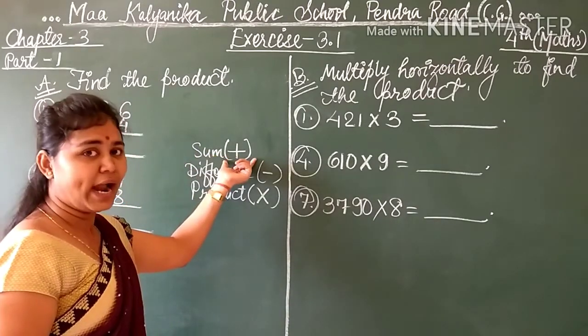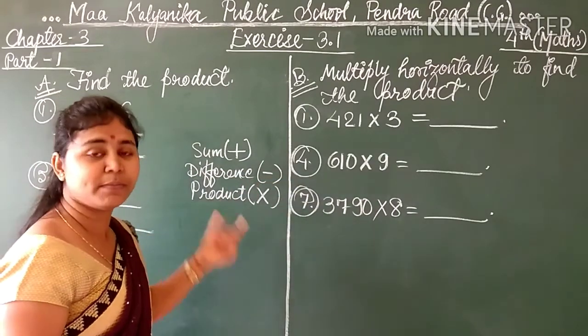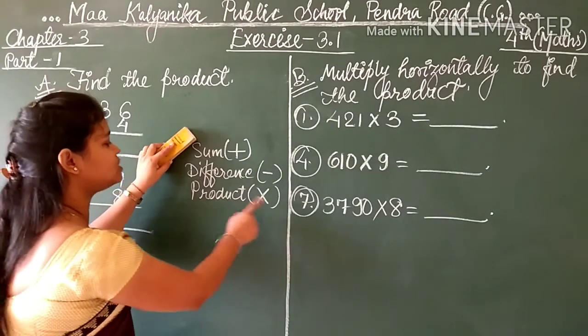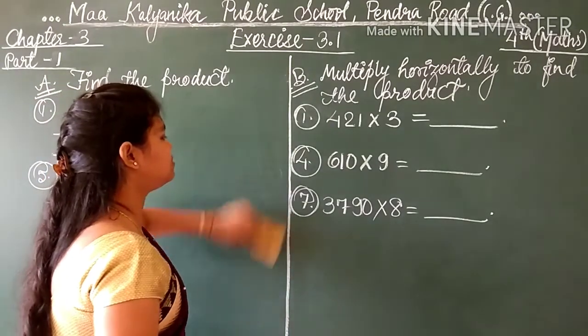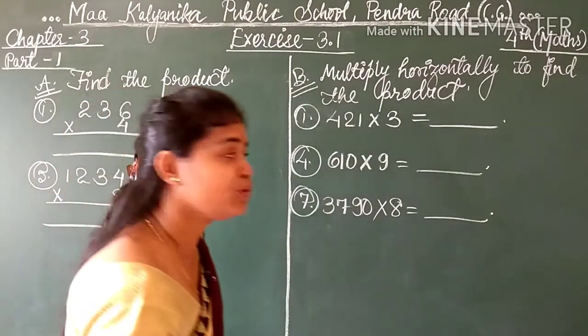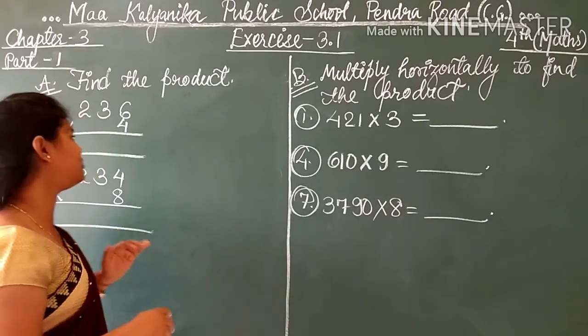Sum is related to addition, difference to subtraction, and product to multiplication. So we have to multiply the numbers. You have to read the tables and then find the product.